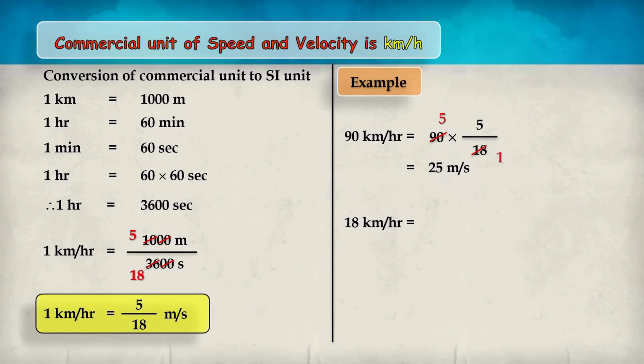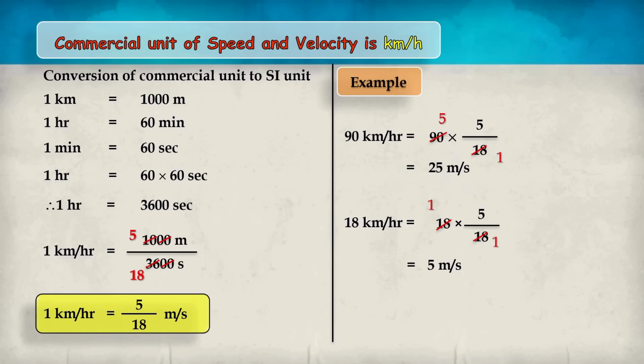Second example, 18 kilometers per hour. Again, multiply by 5 by 18. 18 cancels with 18, leaving 1. So, 1 multiplied by 5 is equal to 5 meters per second. Therefore, 18 kilometers per hour is equal to 5 meters per second.